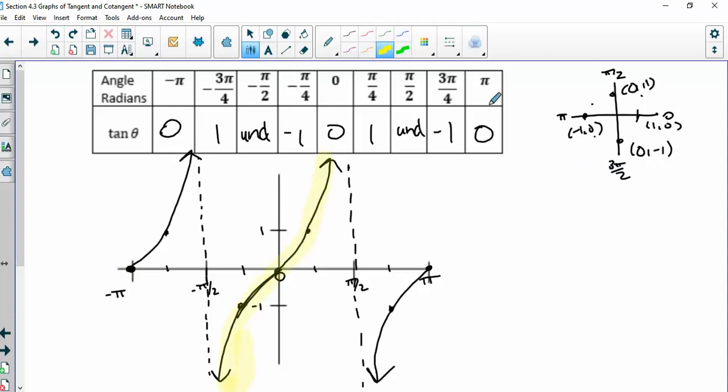So typically, when we graph tangent, we will use the interval -pi over 2 to positive pi over 2, because in that section we get one complete cycle of tangent, we have asymptotes at the end, and we can figure out what it looks like from there. It's a little different than sine and cosine in that its period is shorter.